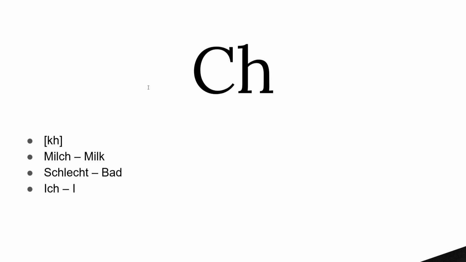The last letter is H. In the German language, when you see a C and a H together, they are H. It's not a strong H, but more like a softer one. H. For example, Milch.